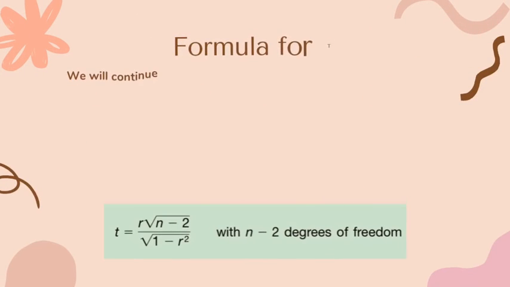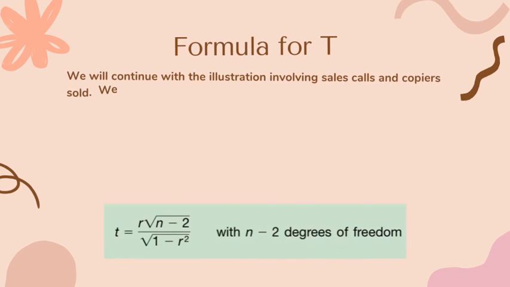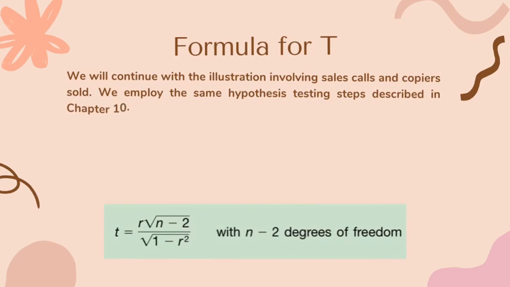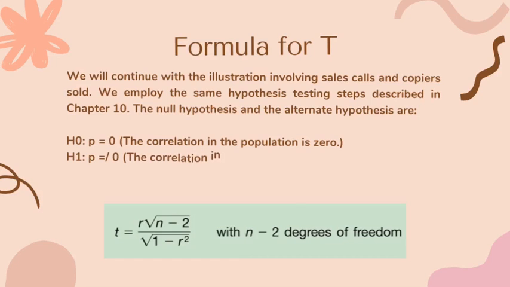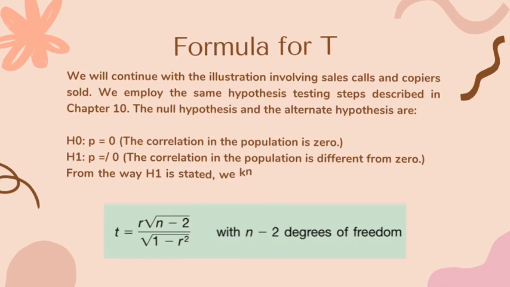Formula for t. We will continue with the illustration involving sales calls and copiers sold. We employ the same hypothesis testing steps described in chapter 10. The null hypothesis and the alternate hypothesis are H0: ρ equals 0, the correlation in the population is 0.